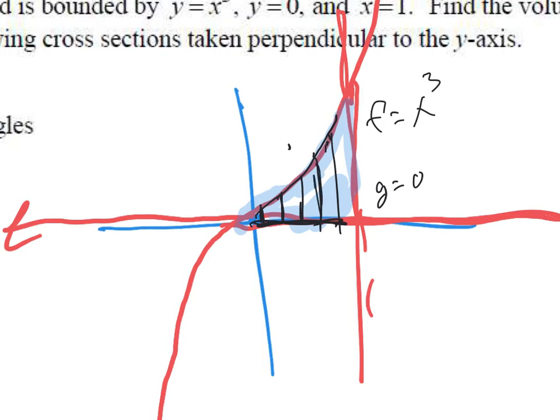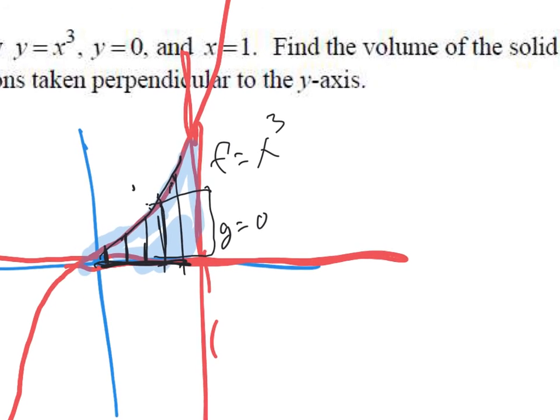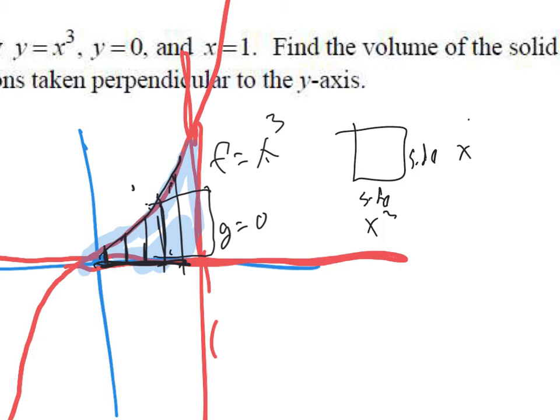The square is going to be side times side. And the side's going to be f minus g. It's going to be nothing more than x cubed, and another x cubed, because x cubed minus 0 is still x cubed. That's easy. The area of this square will be x cubed squared, which is x to the 6. And because every x gives me a different square.